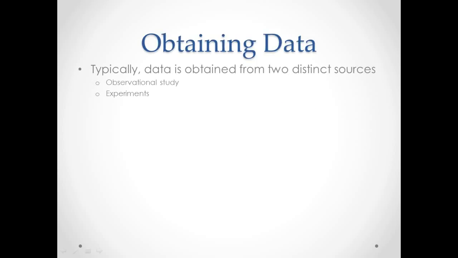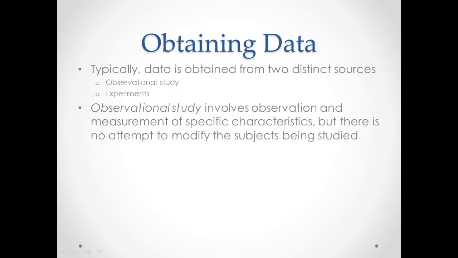So obtaining data right from the start is really only done in two specific ways. We obtain data from an observational study, which is the most common way to collect data, and experiments, usually done in the medical field. An observational study will include observation and measurement of any specific characteristics that you see while observing.